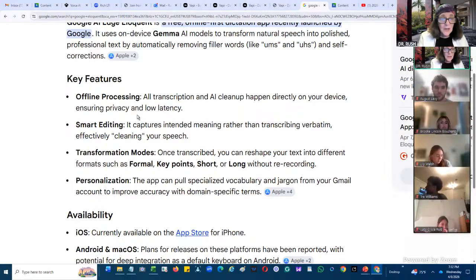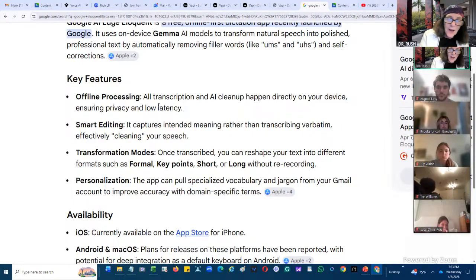And sometimes you want to ensure privacy for your company or even for yourself, right? You're saying some things, maybe I don't want any possibility of them training on my finances. And low latency here, notice it's not even the cloud, because there's going to be a little bit of space, but that's what they mean.